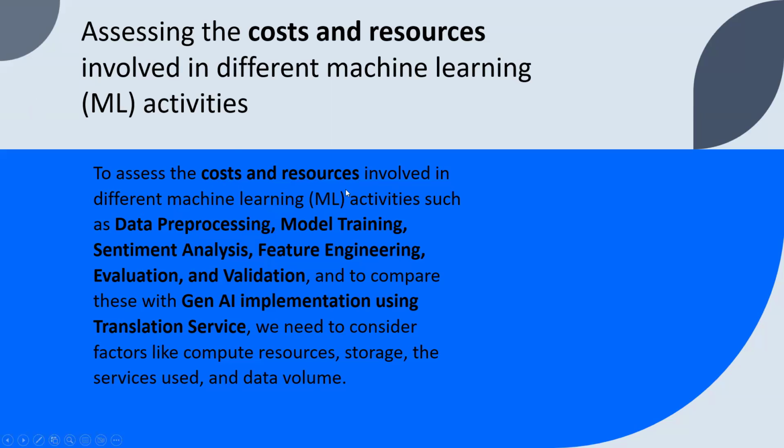So to assess costs and resources involved in different machine learning activities such as data pre-processing, model training, sentiment analysis, feature engineering, evaluation, and validation, and to compare these with Gen AI implementation using translation service, we need to consider factors like compute resources, storage, services used, and the data volume.